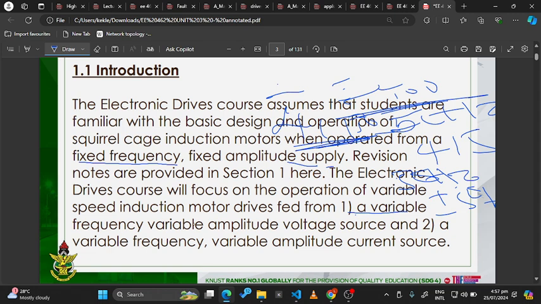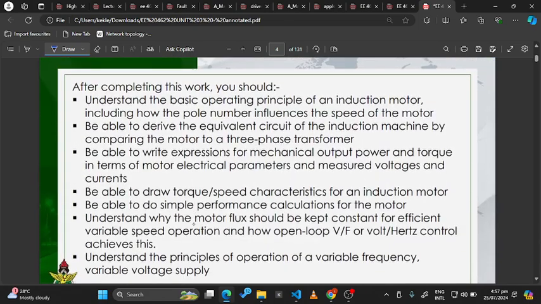Whatever you get, you have to rectify it, because you cannot just take an AC and change its amplitude and frequency directly. You have to first of all rectify it, then you construct a new AC from it. During the construction, you are able to change the frequency or the amplitude. So we'll look at how to do that very soon. Okay, so let's go on.